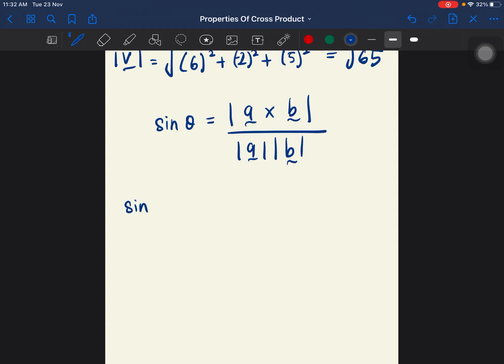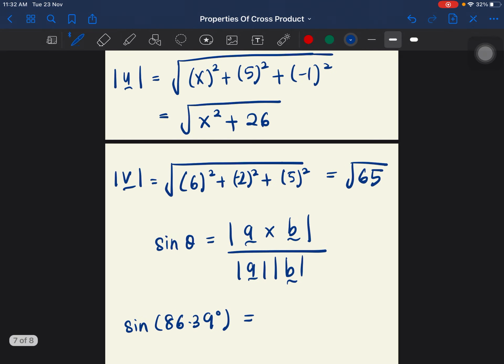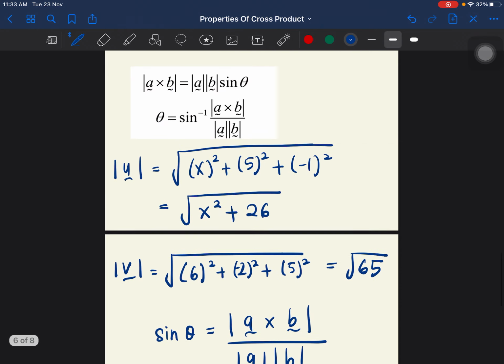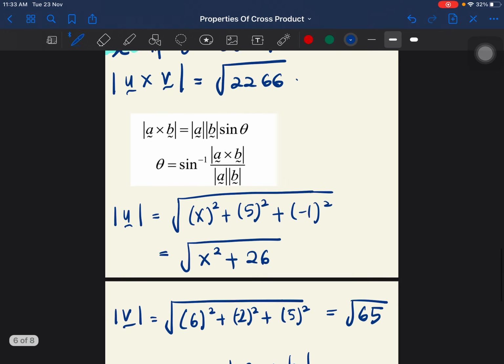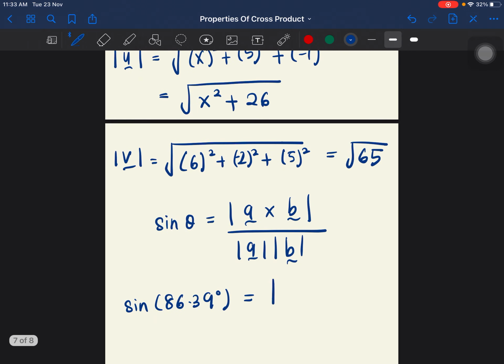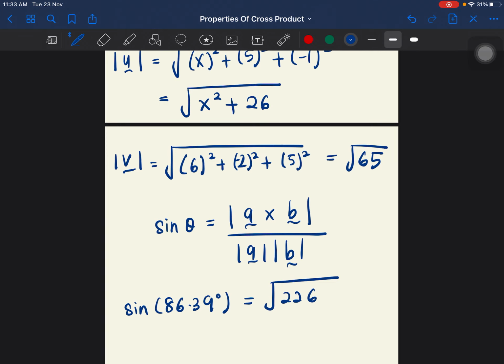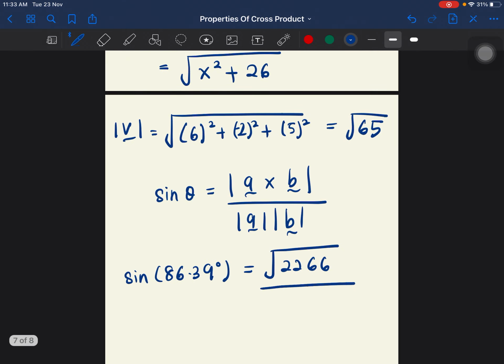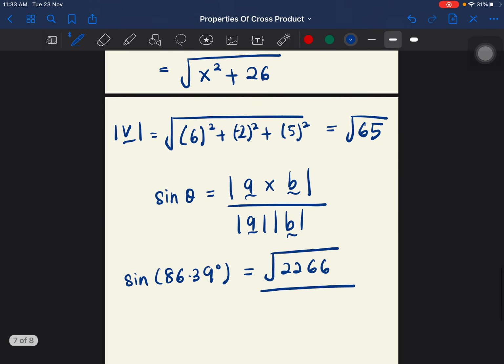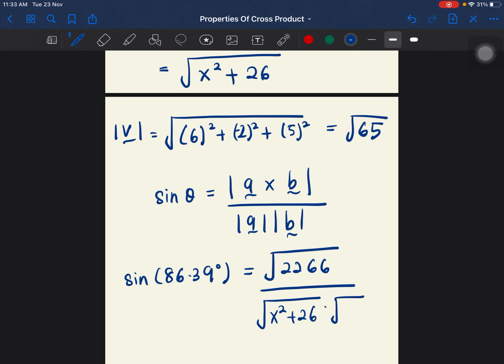So sine 86.39 is equal to the magnitude of A cross B, in this case u cross v, which is the square root of 2266, over the magnitude of u, which is the square root of x squared plus 26, multiplied by the square root of 65.